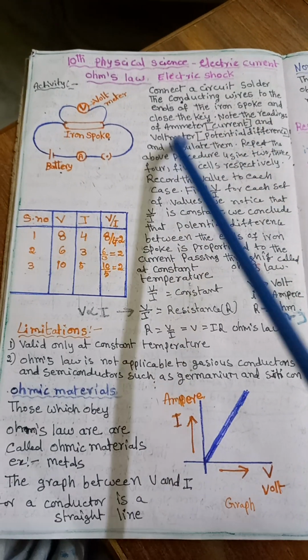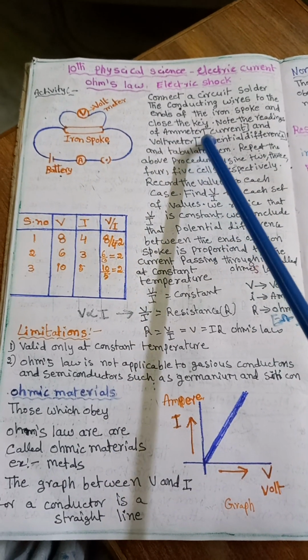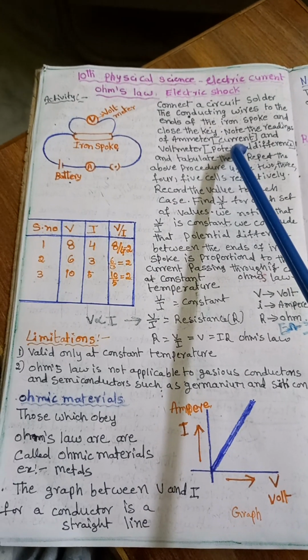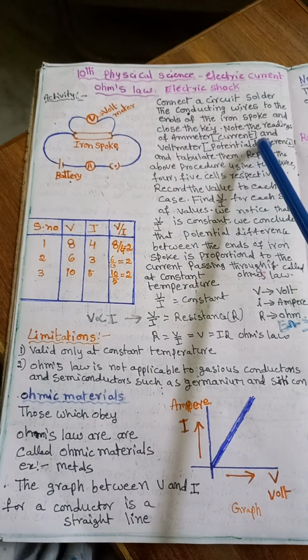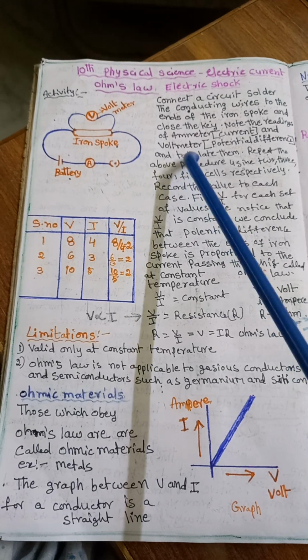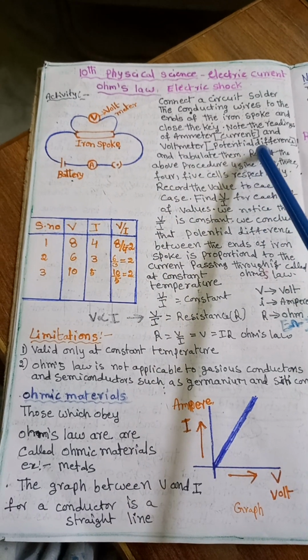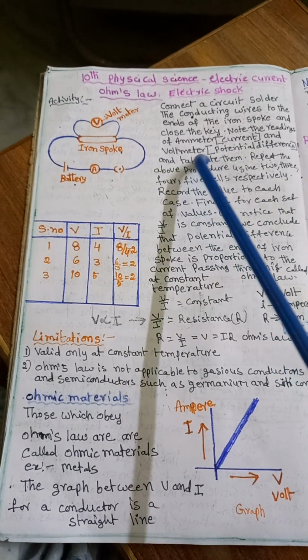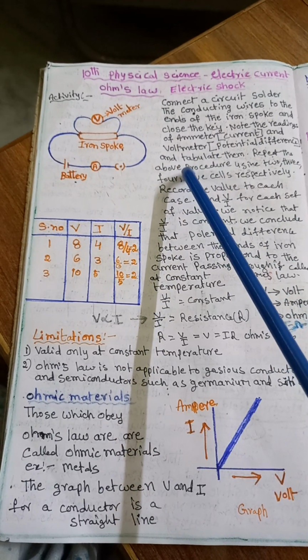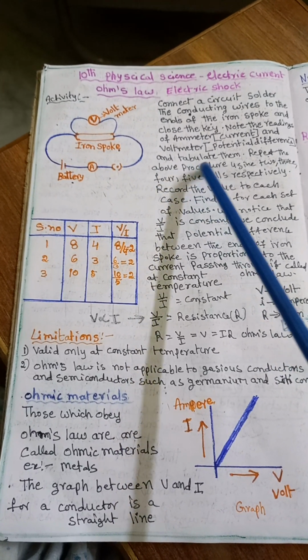Note the readings of the ammeter, current measured in amperes, and the voltmeter. Voltmeter means potential difference is measured in voltmeter, and tabulate them.